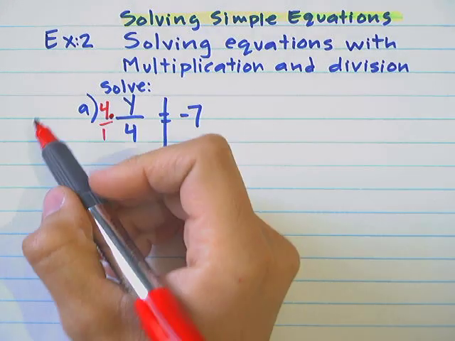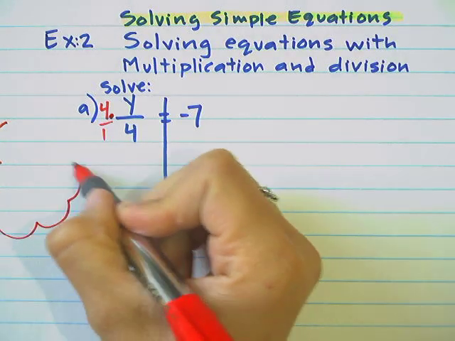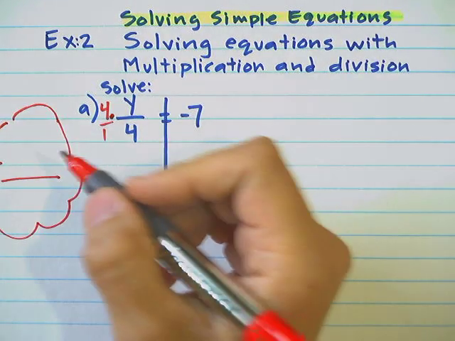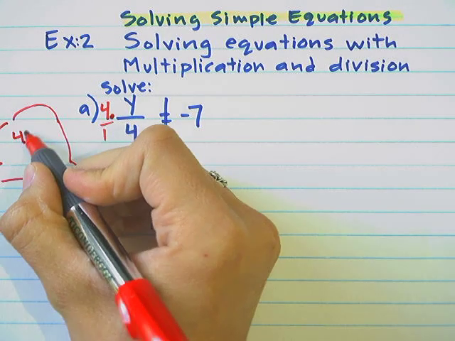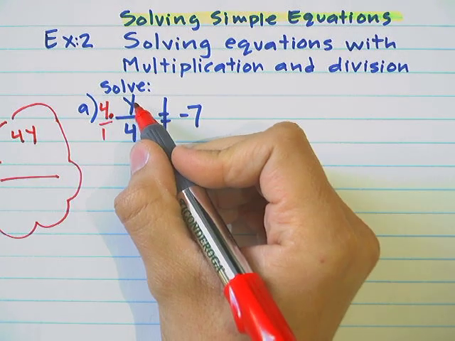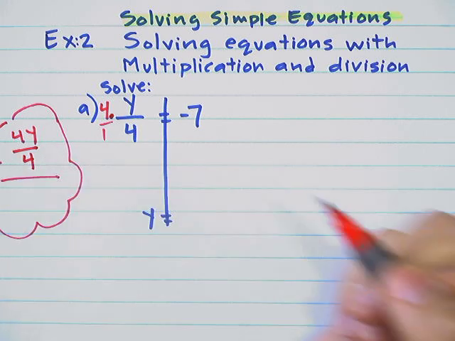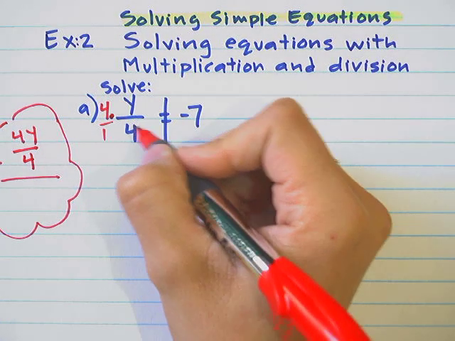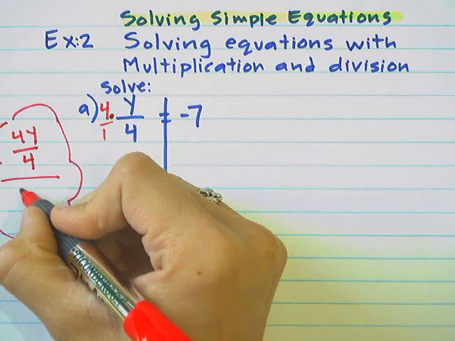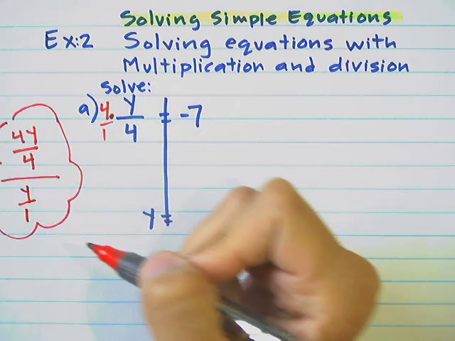So let me show you what that looks like. On the top, I'll do 4y, multiplying straight across, times 4. That's the first option. Or I could just cancel these and get y over 1. That's the second option.